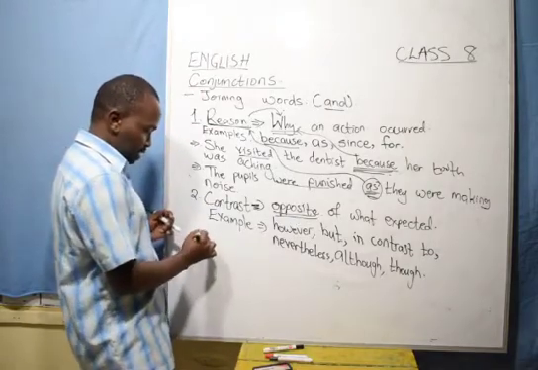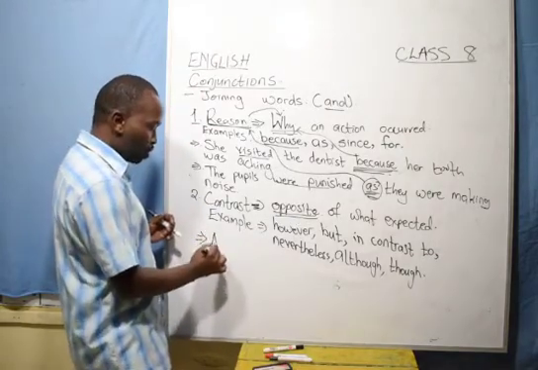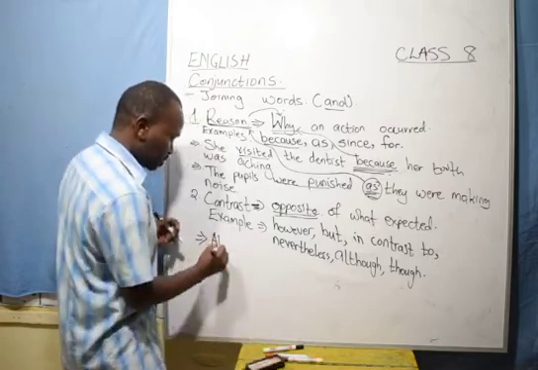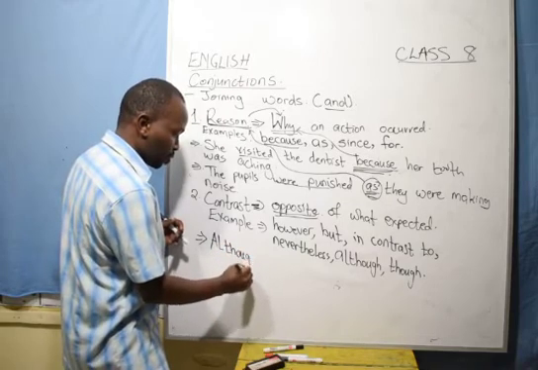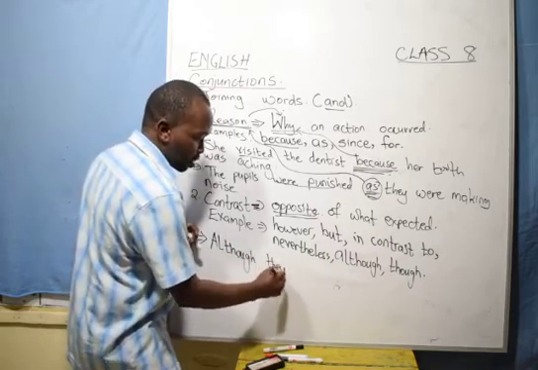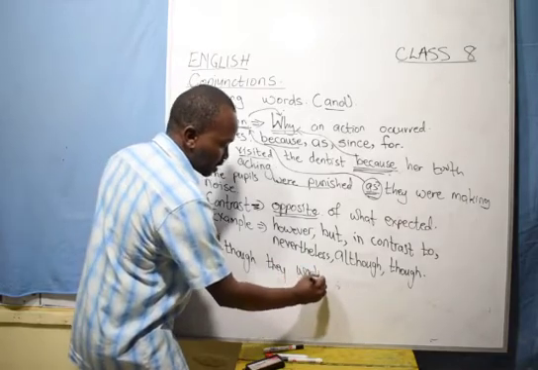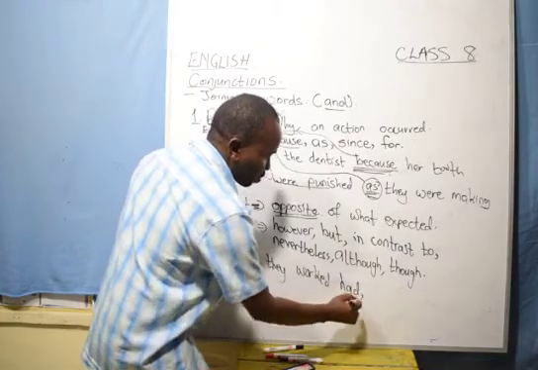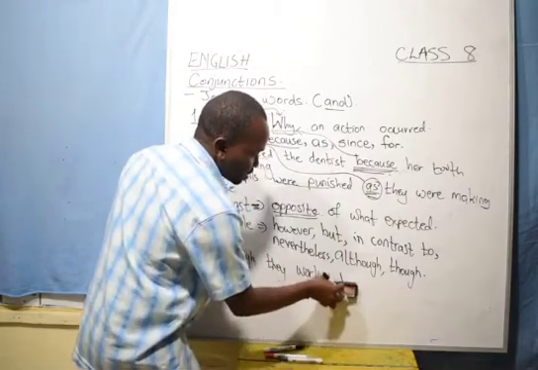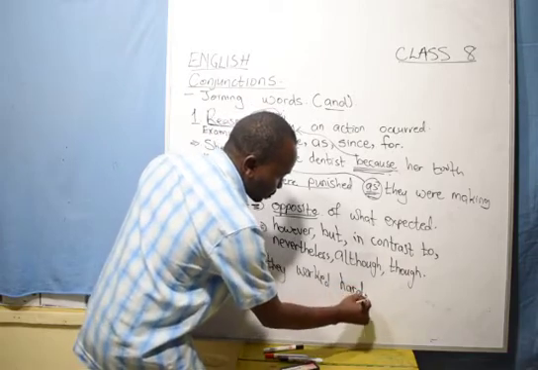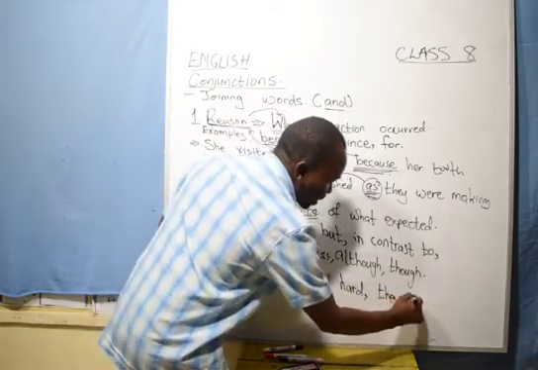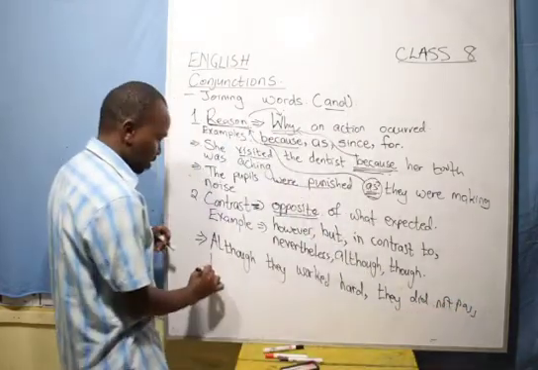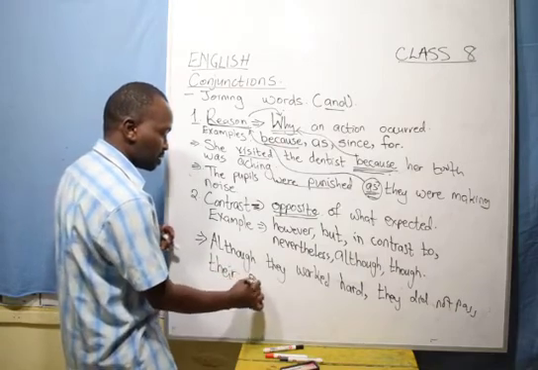For example, in a sentence, we would say, although they worked hard, comma, they did not pass their examination.